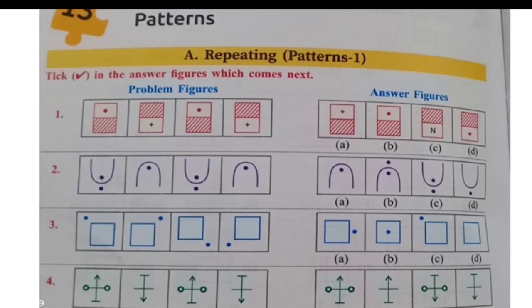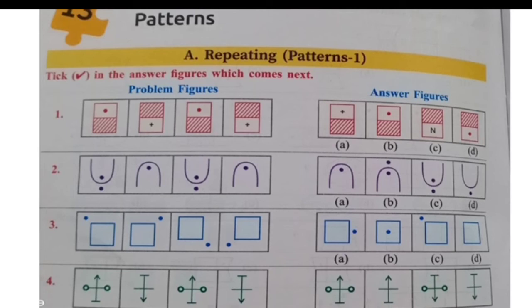So B is not getting matched because arrow is shown on the wrong side. Okay. C option also will be wrong because once again the arrow is shown on the wrong side.